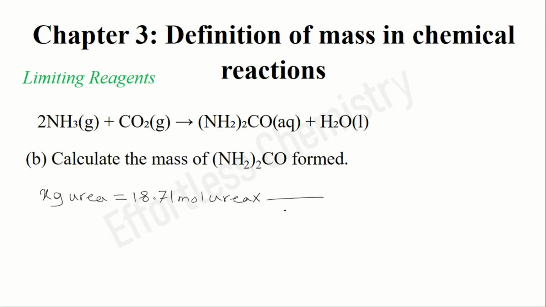Multiply by the molar mass. We know that 1 mole urea has 60.06 grams of urea. The result is 1124 gram of urea.